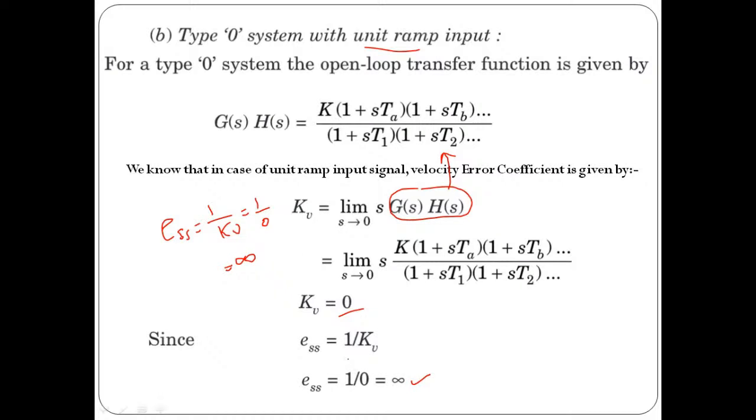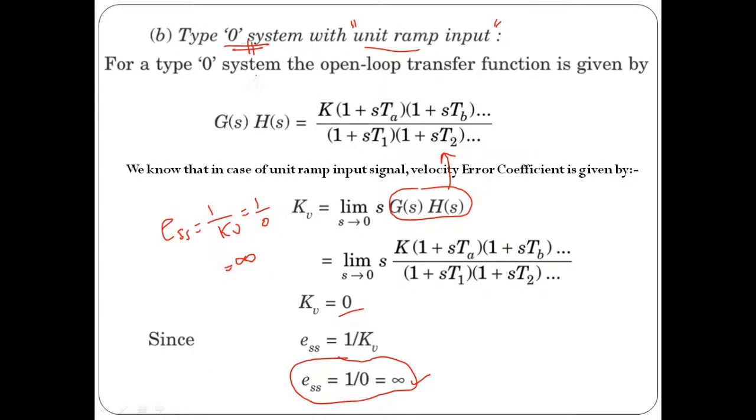So what is the meaning of this? That means in case of type 0 system, if you excite that particular system with unit ramp input signal, the value of steady state error is infinite. That means type 0 system is not designed to work for unit ramp input signal.